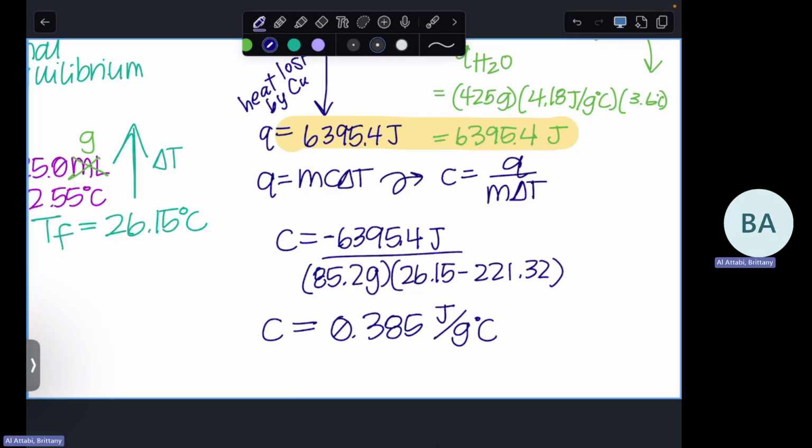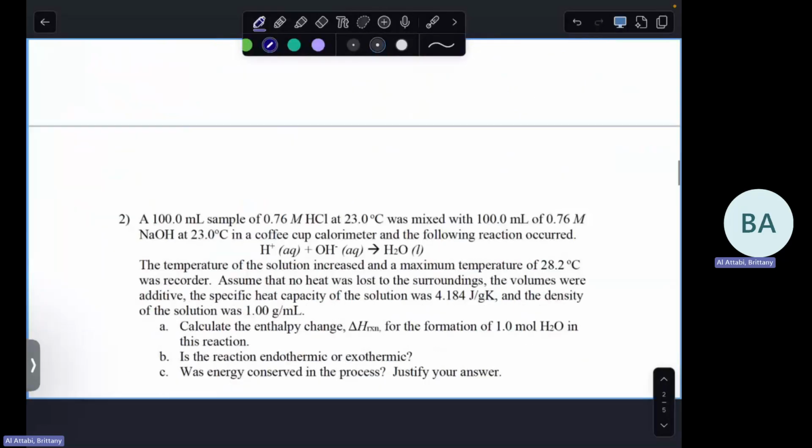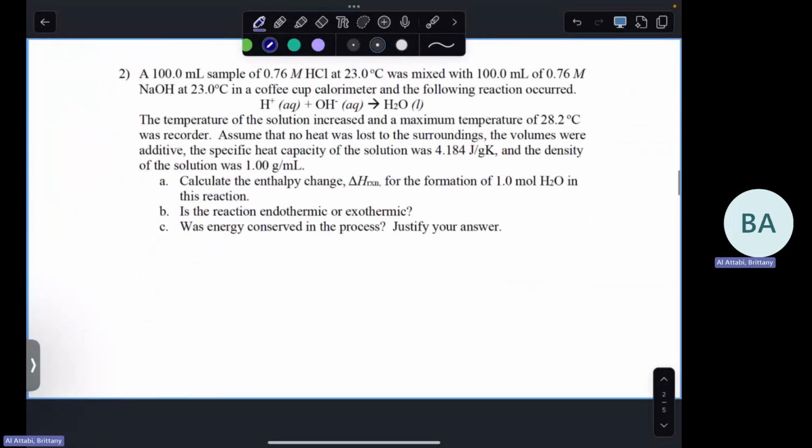In that lab, we do it with a reaction and not a hot thing that's cooling down, but it's the same math that we're doing. You're going to have practice in lab 28, but you're going to have to do this exact thing and then figure out, okay, specific heat is 0.385, what substance is it? Okay, let's look at question number 2.